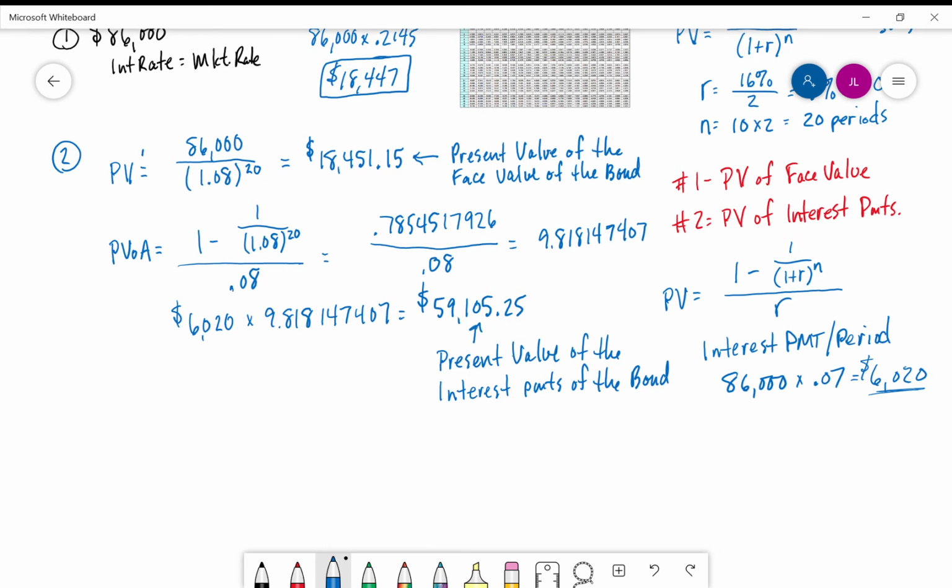Okay. So we have two numbers here that we've calculated. We have the present value of the face value of the bond, and we have the present value of the interest payments of the bond.